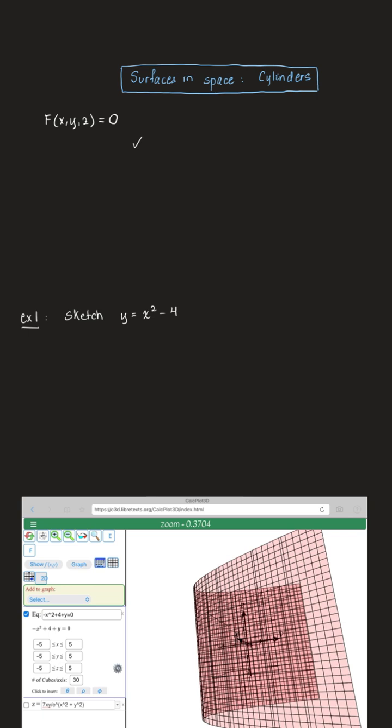One, equations are in R3, but only contain two variables. These will result in cylinders. We'll talk more about that in a moment. So, two variables.